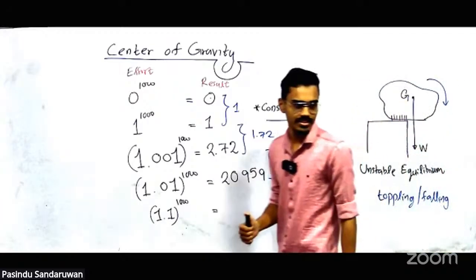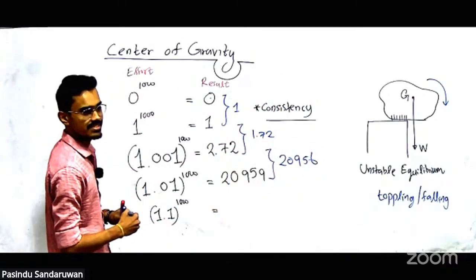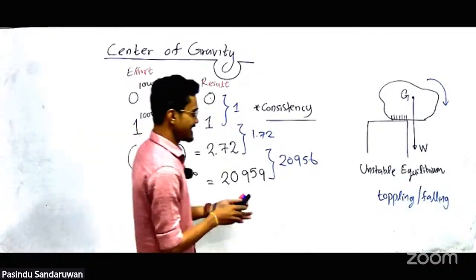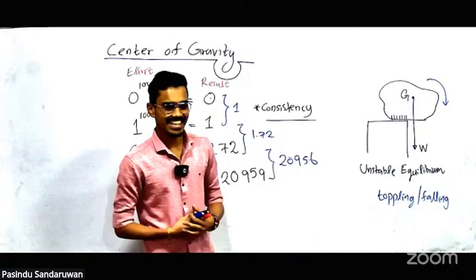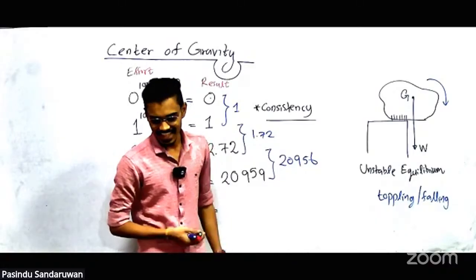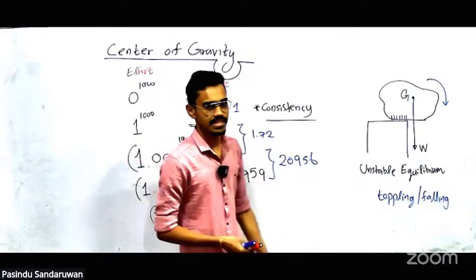Do you know what E means in calculators? Capital E, not simple E. Simple E is the exponential function. Capital E in calculators equals 10 to the power. The number after E is the power of 10.